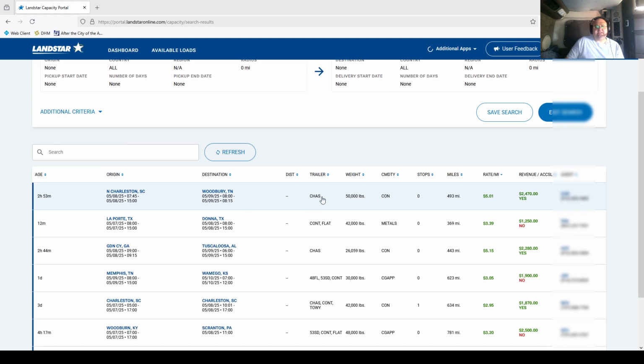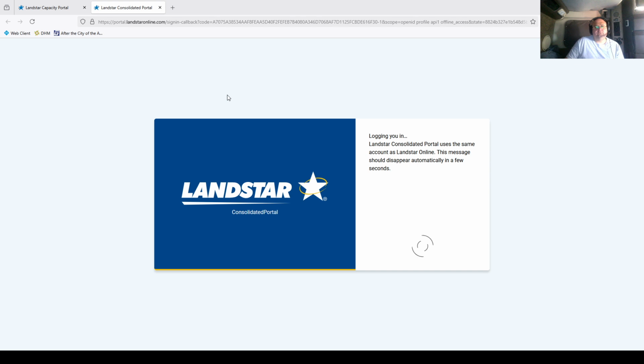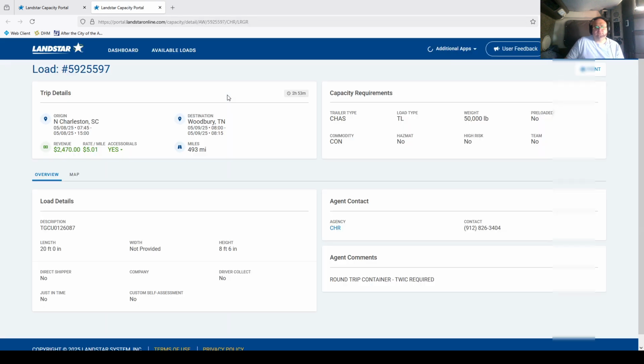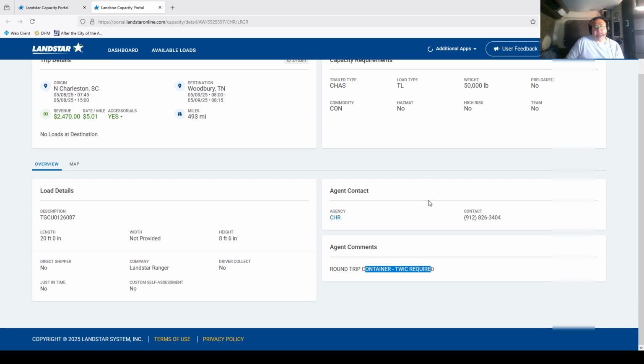So this is listed as a chassis. Commodity is container. So this means that you have to show up with a chassis. So let's drill into it and see if that's the case. Round trip container, TWIC required. Well, maybe you need to bring your own chassis. I'm not sure.